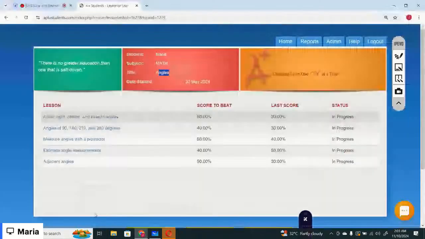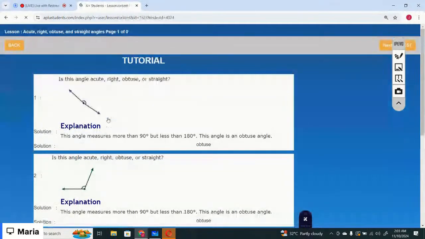So here I am on grade 4 math. The chapter we're on right now is angles. Let's just start with the first lesson, that is acute, right, obtuse and straight angles. Is the angle acute, right, obtuse or straight?